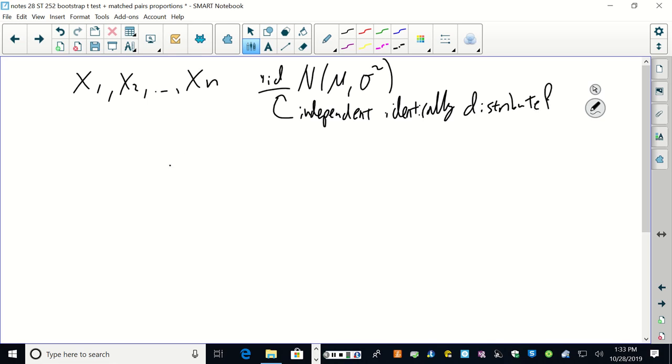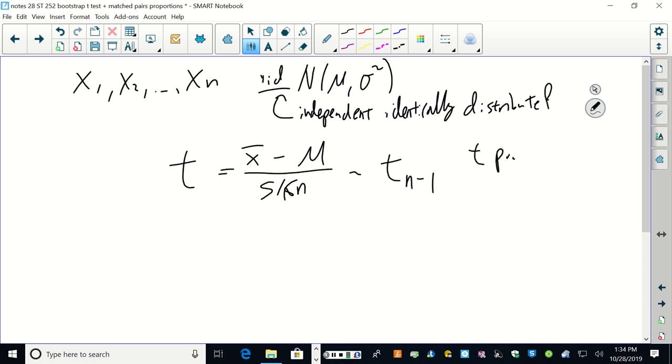Then this transformation, this pivot, x bar minus mu over s over the square root of n, is distributed as a t distribution with n minus 1 degrees of freedom. So this is a t probability distribution, with so-called n minus 1 degrees of freedom.